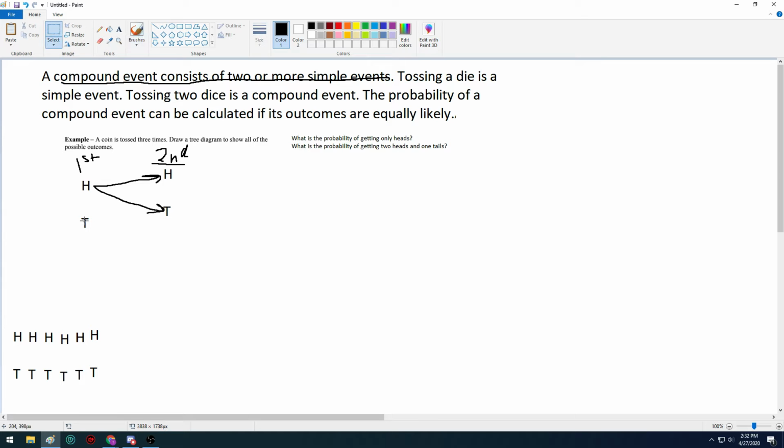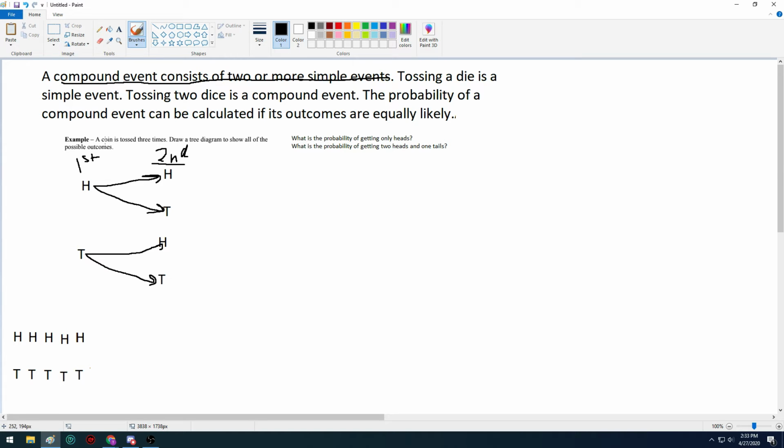Now what happens if we were given a tails at the end? What would our compound event look like then? Well, again, if you flip a coin, what are the only two options you have? You're either going to flip a heads or a tails again.